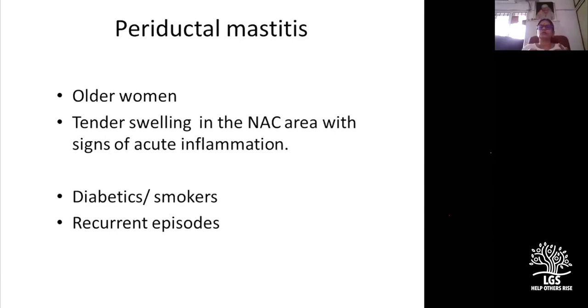And when it does so, the ducts actually dilate. And when they dilate, what should be about a millimeter or two becomes 3 or 4 millimeters. The secretions that are normally produced accumulate and get inspissated. The water in it gets absorbed, and then the debris gets accumulated. And this is an ideal culture medium for infection, particularly in diabetics and smokers.